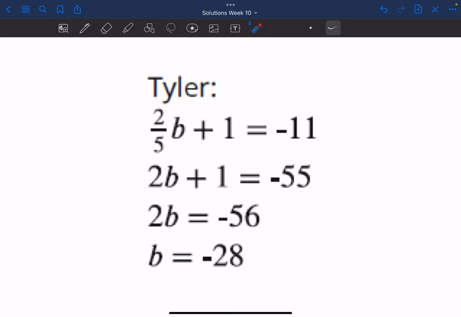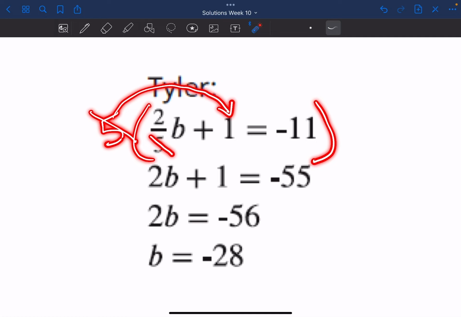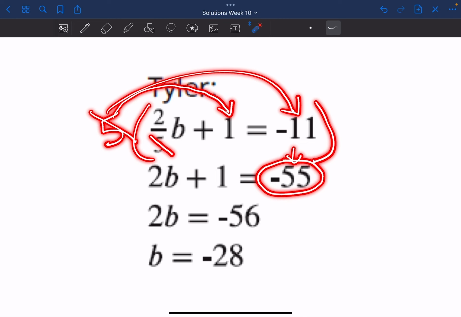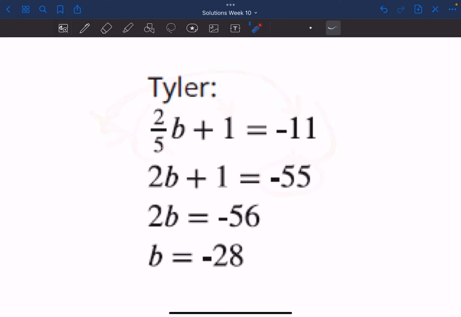So Tyler is multiplying everything here by 5. So if you multiplied everything here by 5, the 5 would cancel here, but we would also have to multiply 5 by our 1 and by the -11. So he does this with the -11 and gets -55. But 5 times 1, last time I checked, is not +1.